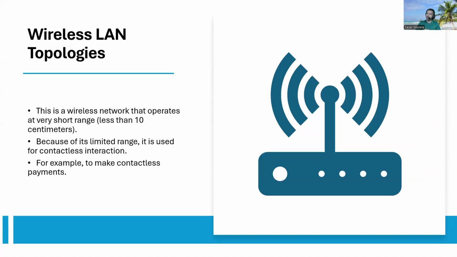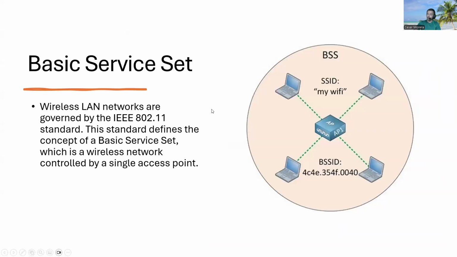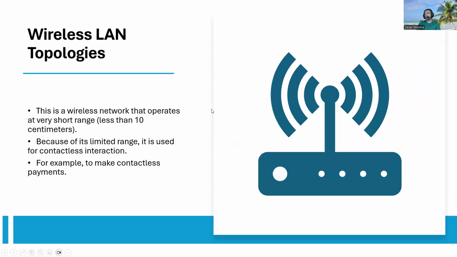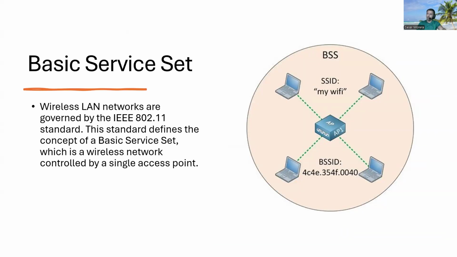For example, to make contactless payments. When you go to the supermarket and you pay with your debit or credit card, and you have these devices for the payment, this can be an example of this connection. Usually, we are talking about Bluetooth connectivity. Okay, let's continue moving forward.